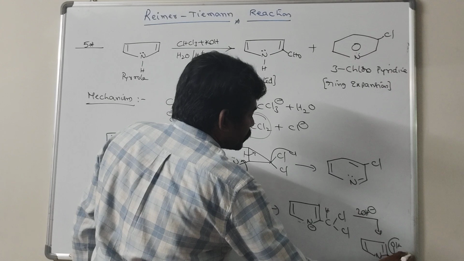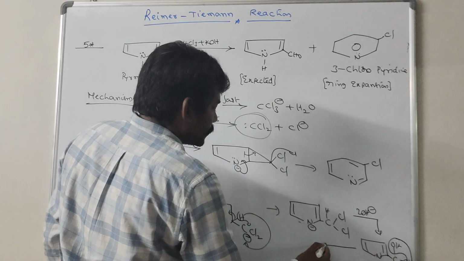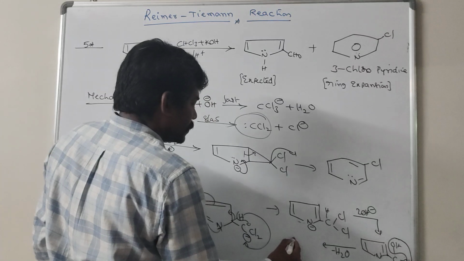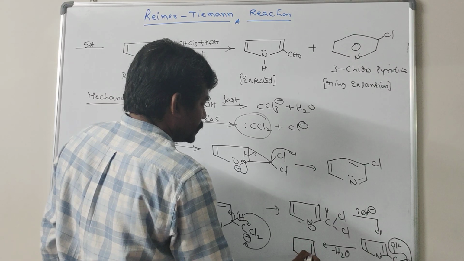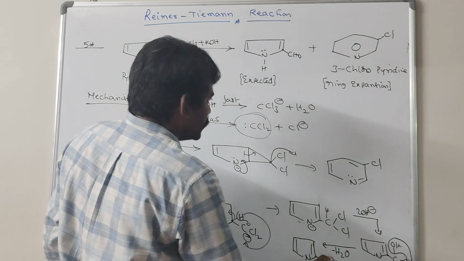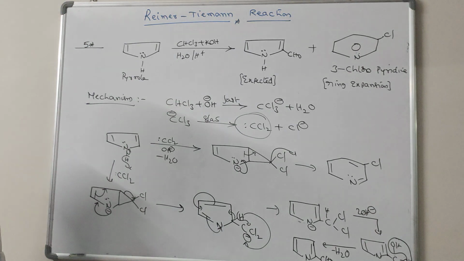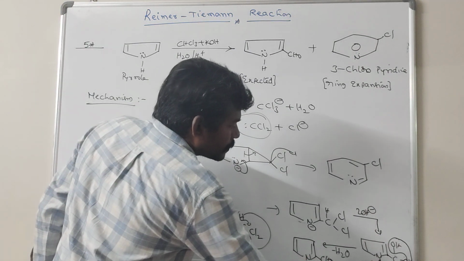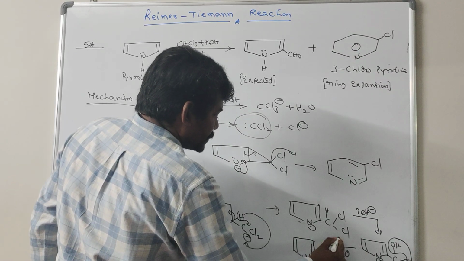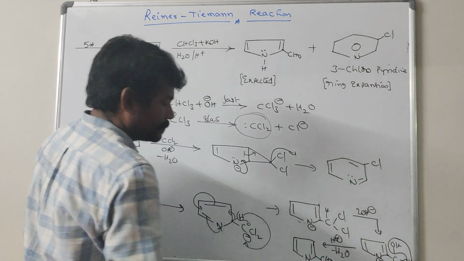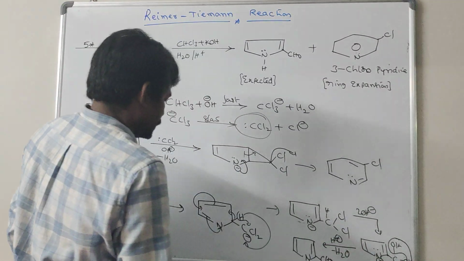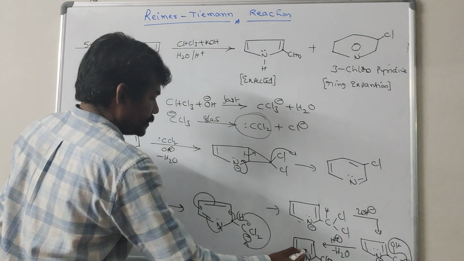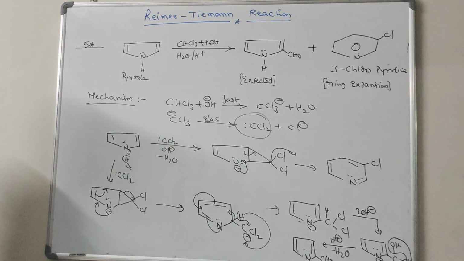More than 2 OH groups present on the same carbon atom is unstable, which releases a water molecule and converts into a carbonyl compound. So CHO, with the negative charge here. Acidification, NH. This is the compound, the first expected compound. This is the mechanism, very, very important.